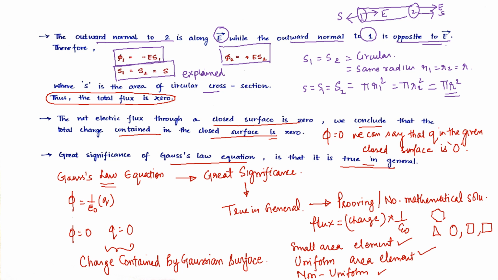You can take a surface like this and define Gauss's law from it. That's why it is said to be of great significance, and it is true for each and every sort of Gaussian surface.